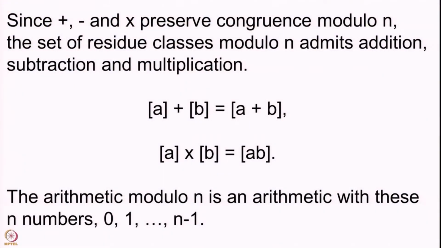Let us go and see what we have done. In the end, whenever we have a congruence modulo n, addition, subtraction and product are going to preserve the congruence, and therefore I said that we have addition as well as subtraction and multiplication on the set of residue classes.